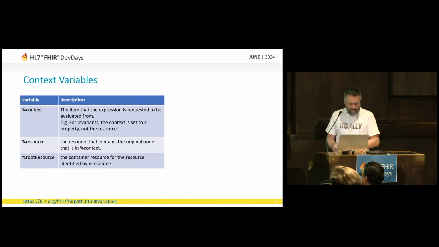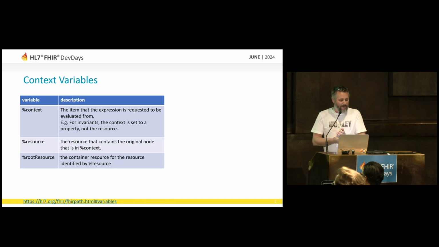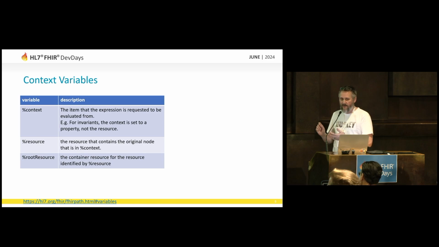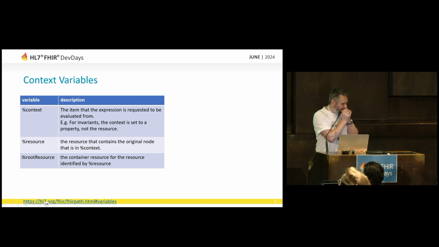Awesome. And before I jump into $this, to give a bit more of a flavour on that, variables: there are 2 types of variables. $this and $index is one format for those variables. And then we have %context, %resource, and %resource.